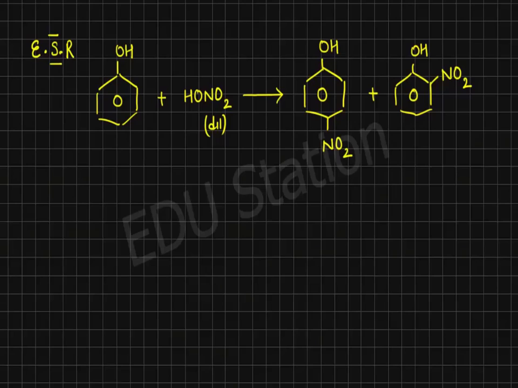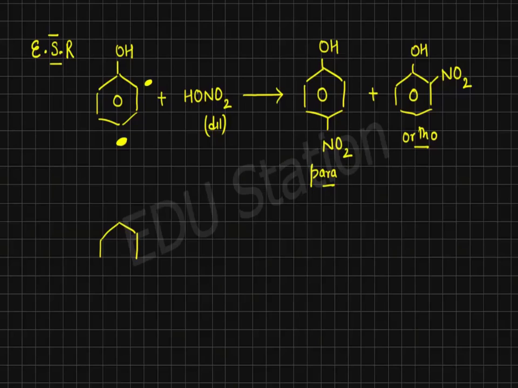So, nitration of phenol, which is an example of ESR, the nitro group attaches itself at para in this case and ortho in this case. This means the H plus either goes from this point or this point, and NO2 plus comes instead of H plus.